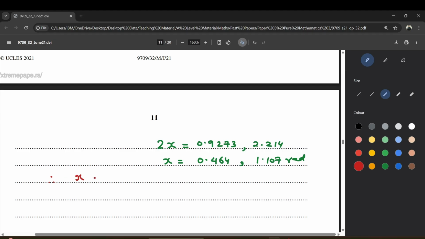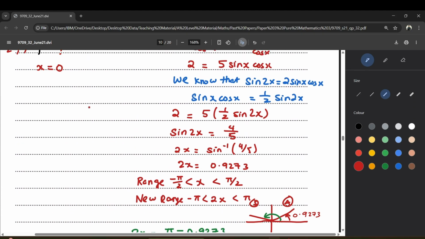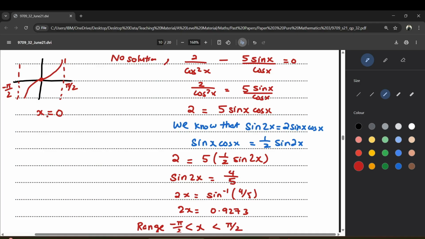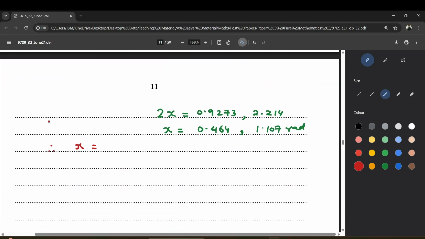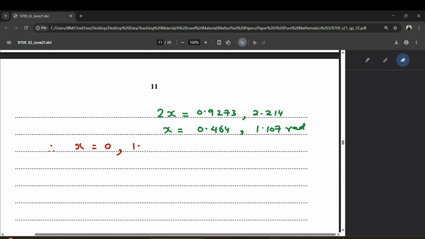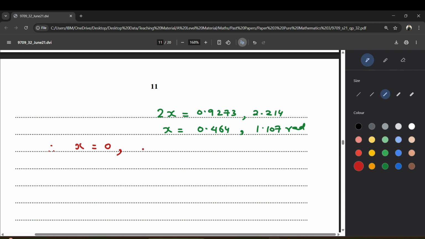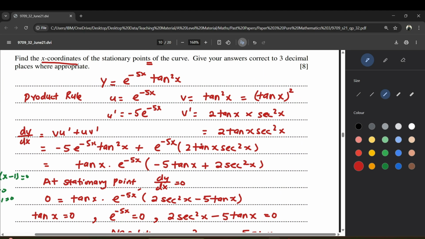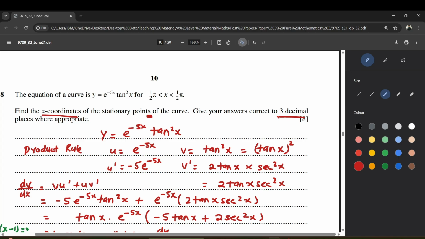Therefore, now do not forget that we found another solution that was x is equal to 0. Okay, so that means our total solutions will be x is equal to 0, x is equal to 0.464 and 1.107 radians.